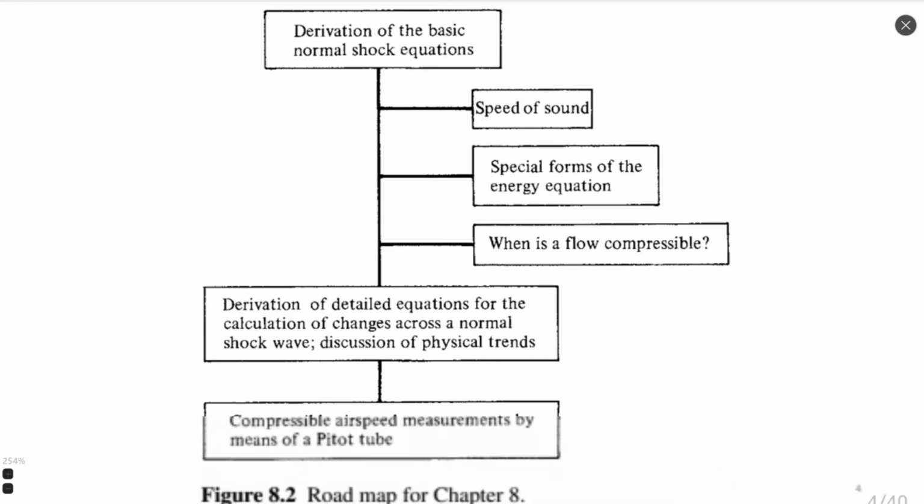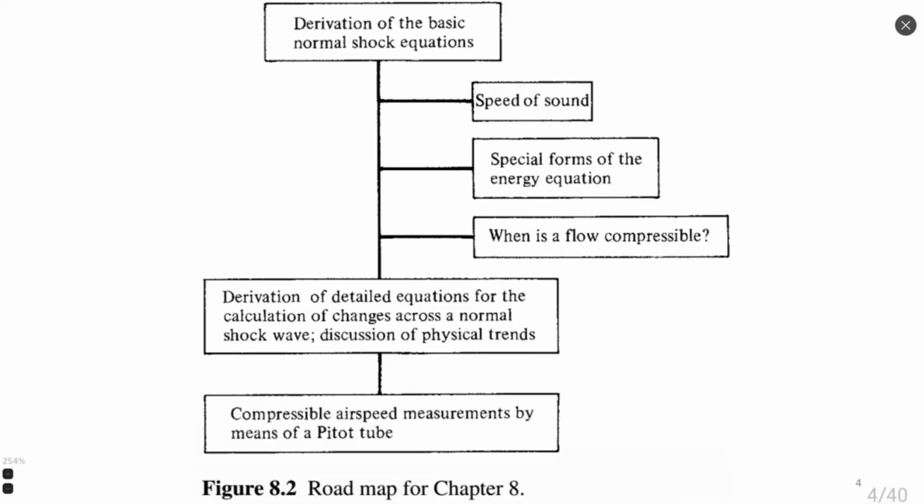In this chapter, we speak about the basic normal shock wave equations. To obtain these equations, we will need to talk about the definition of the speed of sound and special forms of the energy equation, an extremely important topic to understand not just this chapter, but also further ones.